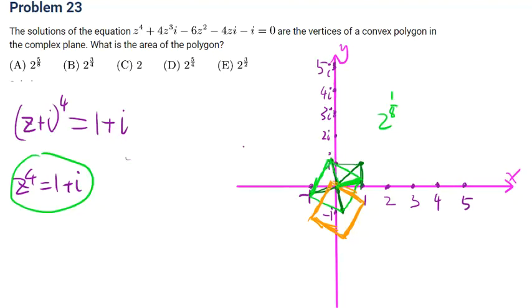Now, tell me what's the area of this triangle? The area of this triangle will of course be this times this, so 2 to the 1/4, or the fourth root of 2.